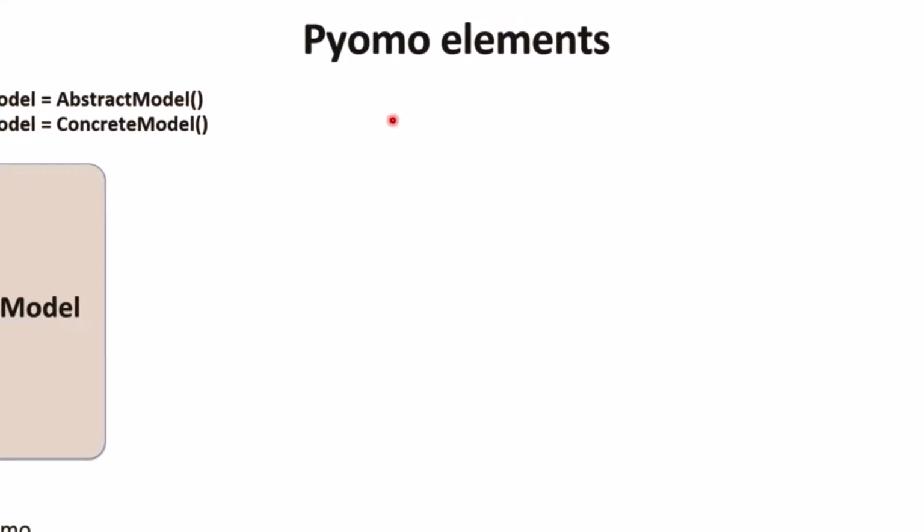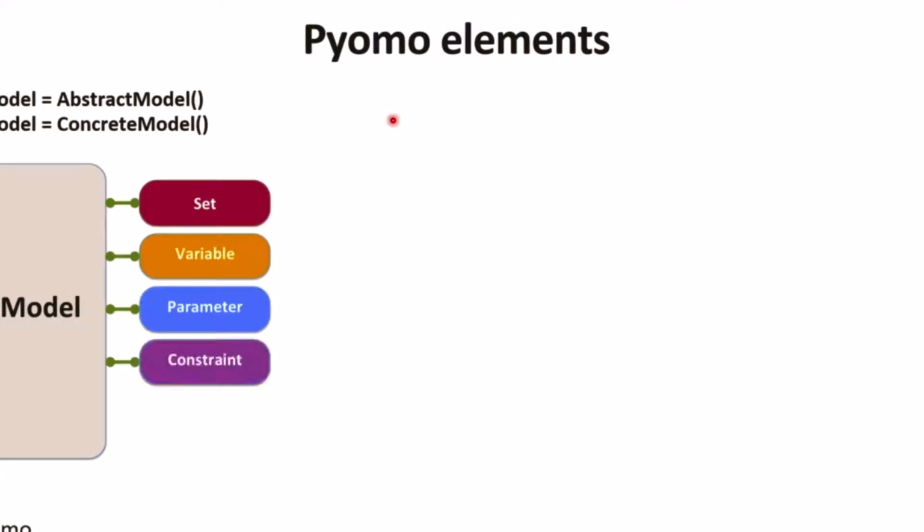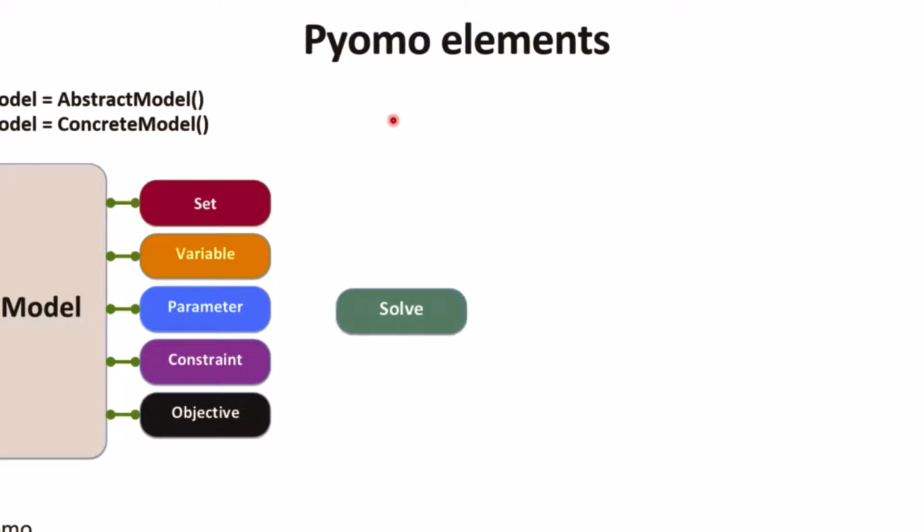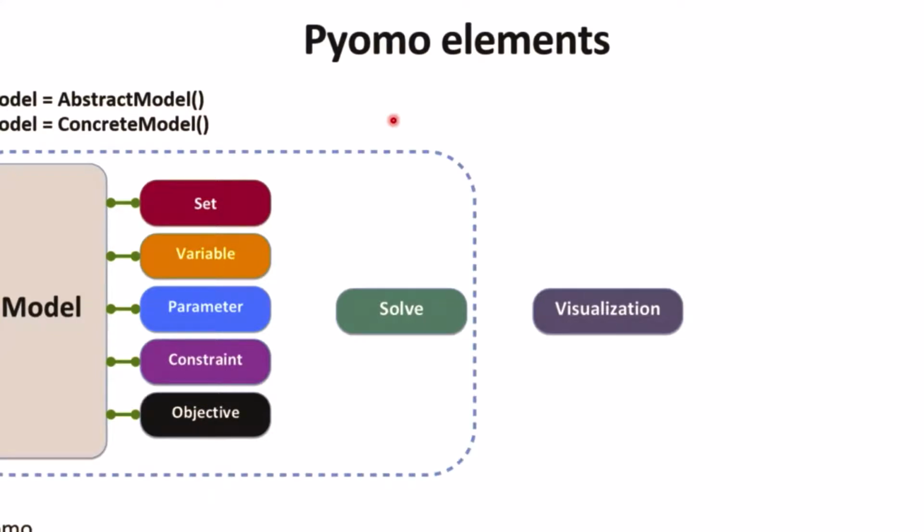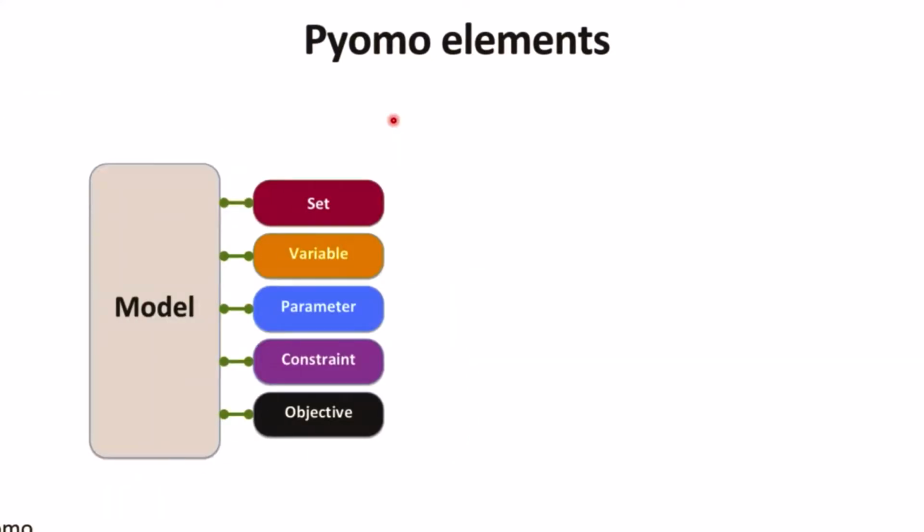Every Pyomo code can have different elements, for example, the sets, variables, parameters, constraints, and objective. The sets can take different values, and then there is also solving and visualizing. This part that I have specified constructs the Pyomo elements, and then we can visualize that.